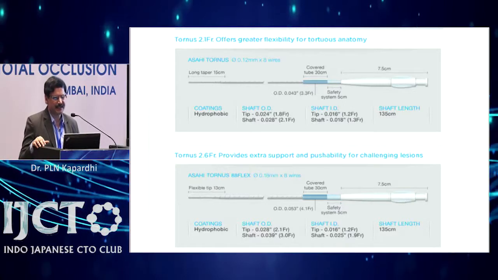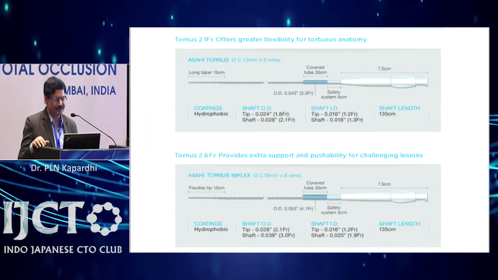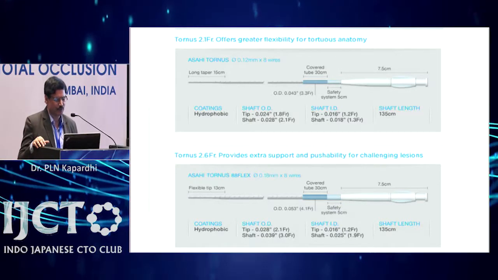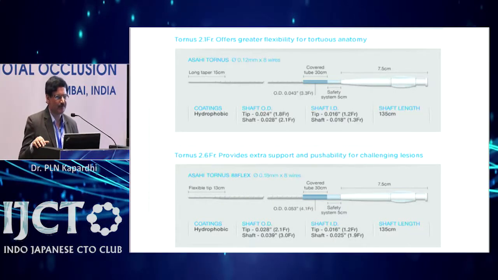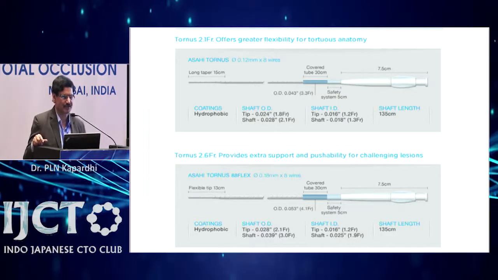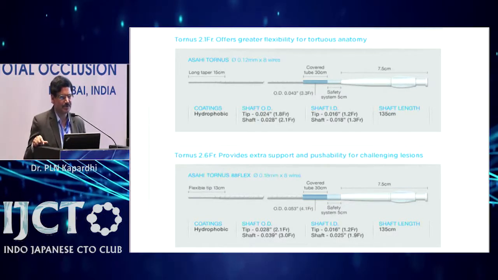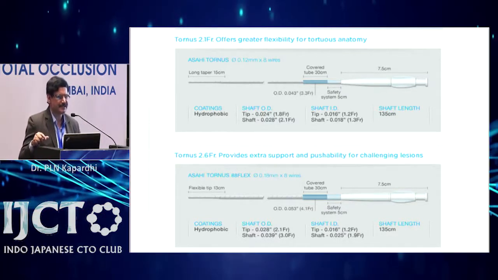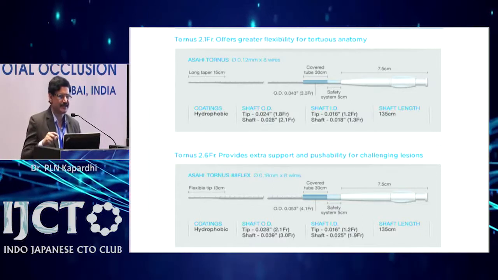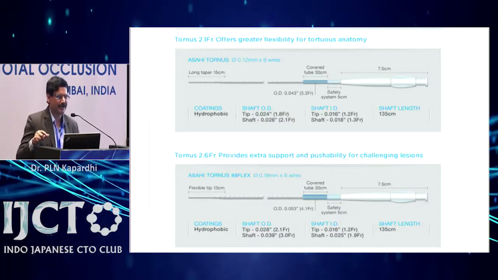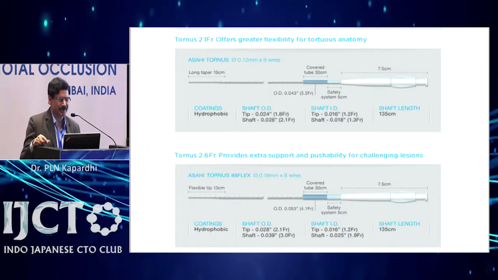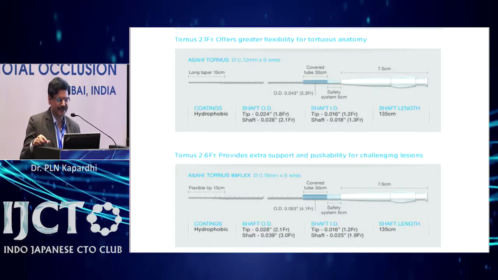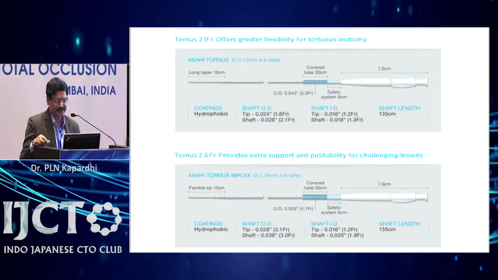The 2.6 French tapers from 3 to 2.1, and the 2.1 tapers from 2.1 to 1.8 French from proximal to distal end. Most important, it has eight stainless steel wires, woven of 0.12 millimeters in 2.1 French and 0.18 millimeters in 2.6 French sizes.